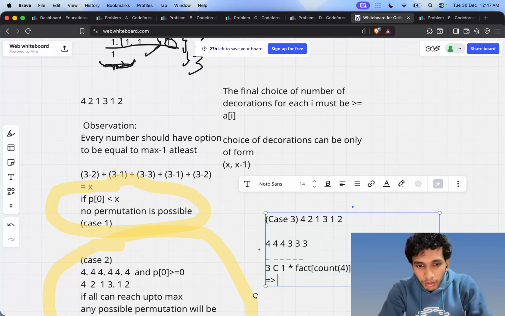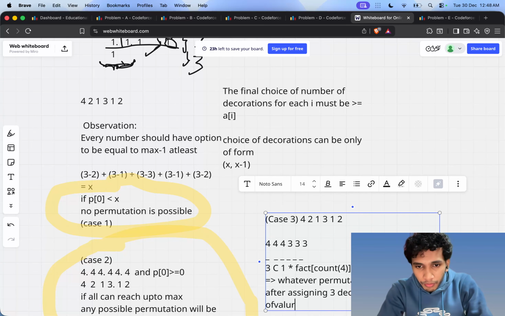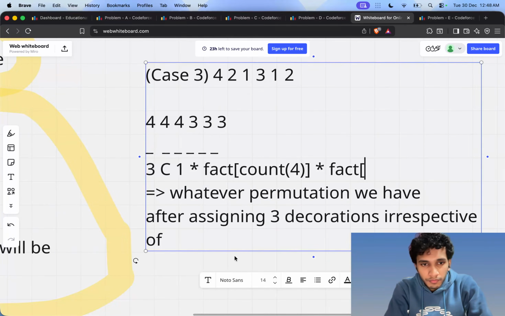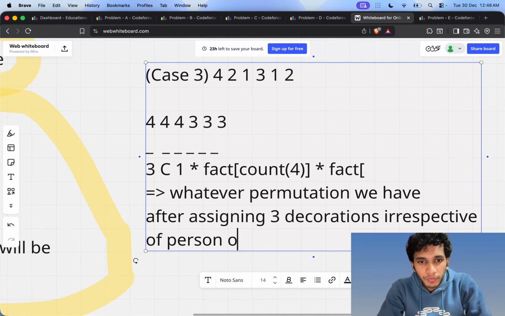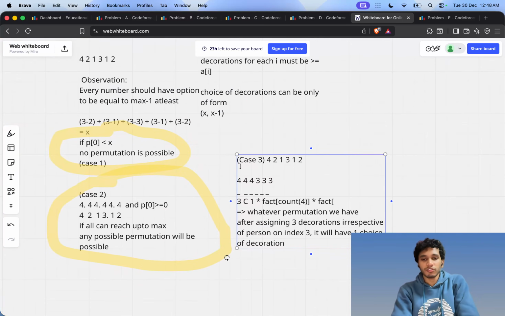What did I say? Whatever permutation we have, after assigning 3 decorations, irrespective of value or person, on index 3 it will have one choice of decoration, simply because P0 is not racial.